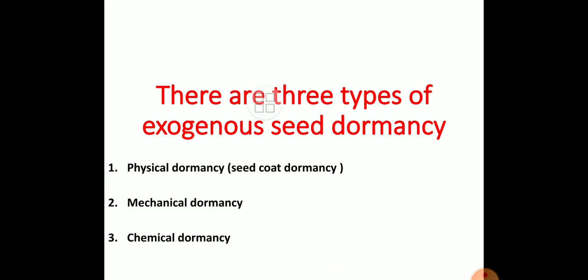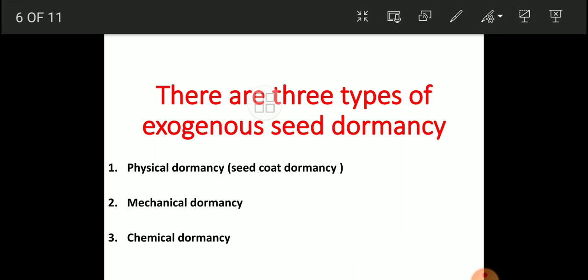There are three types of exogenous seed dormancy. The first one is physical dormancy, meaning physical things are responsible, that is, the seed coat, the covering of a seed.